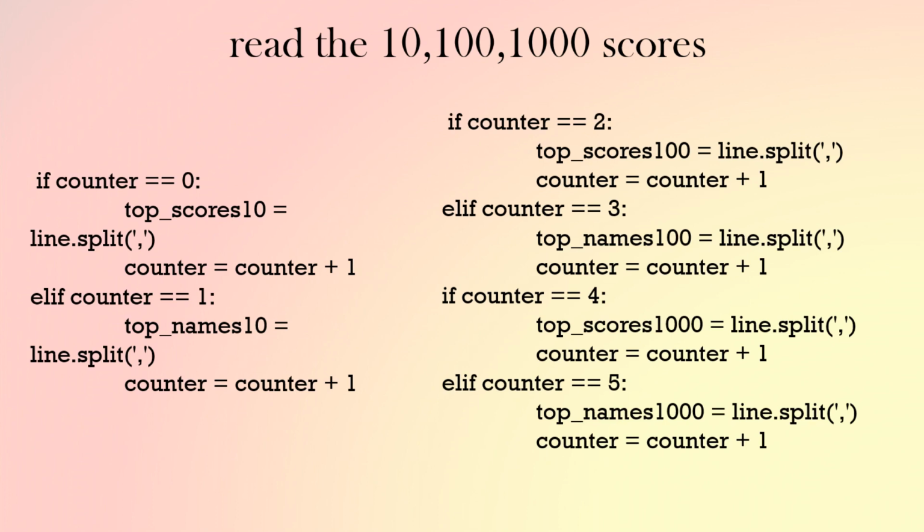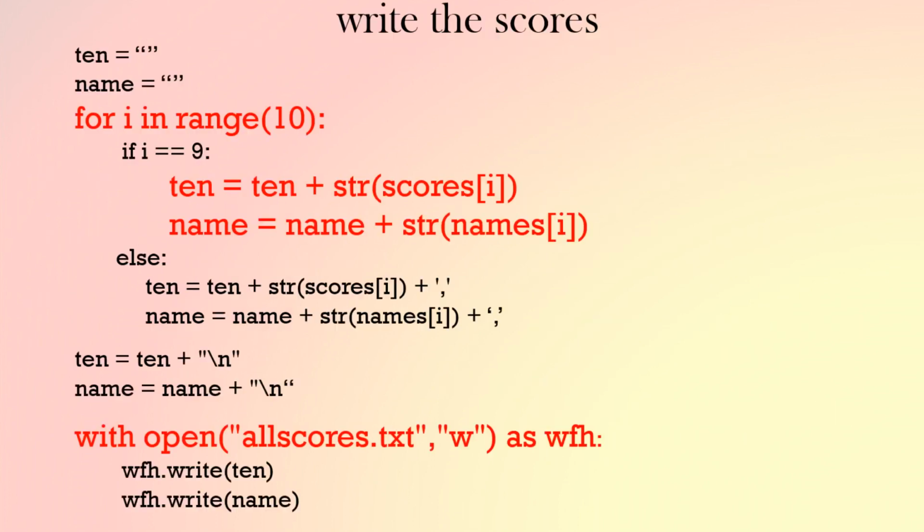Now obviously we've got the scores where the bank is 10, 100 and 1000, so we have to do it 3 times. Write the scores. We've got a for loop. What we're going to do is put each score, which is an integer, change it to a string and then add that together.